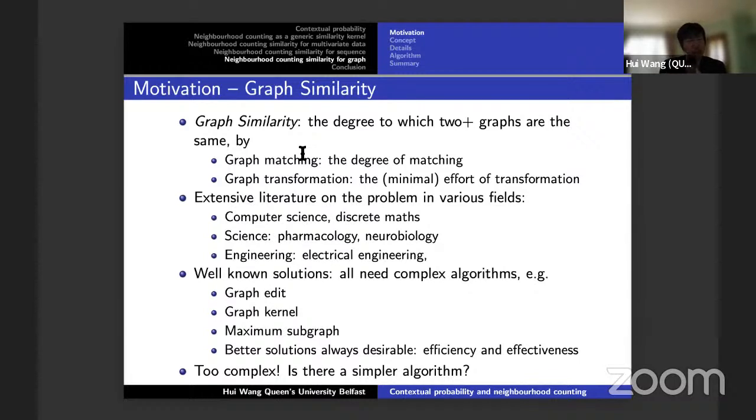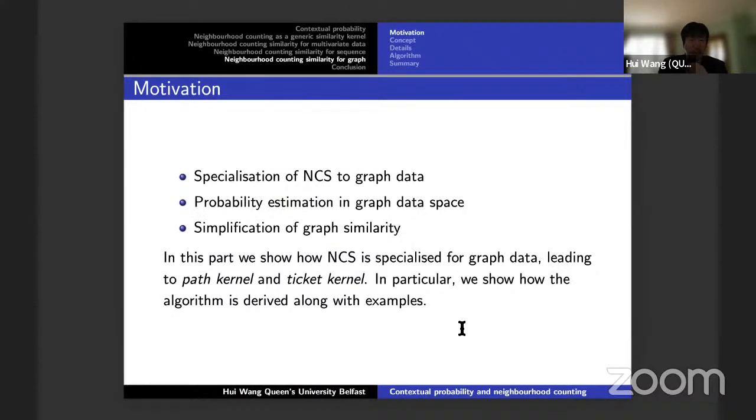And another motivation is that these algorithms for graph similarity are quite complex and difficult to implement. Now the question is, is there a simpler algorithm that I can implement in hours rather than days? So the primary motivation is I want to specialize the NCS for graph data, do probability estimation, and simplify graph similarity.